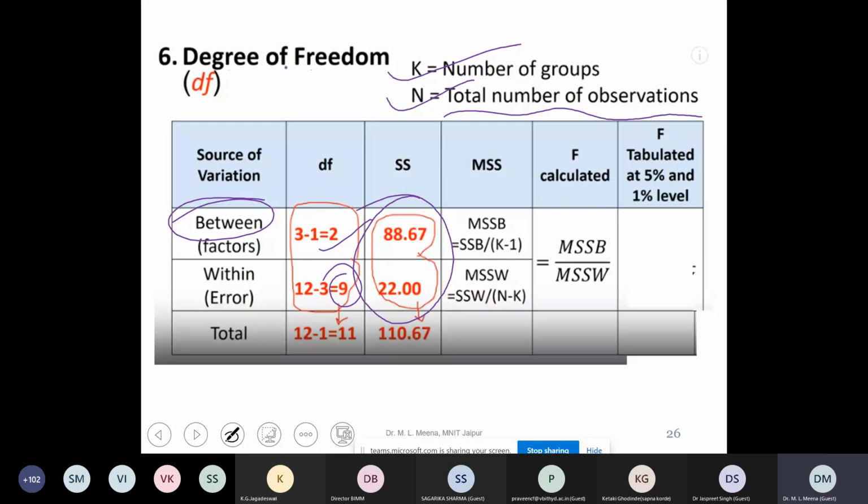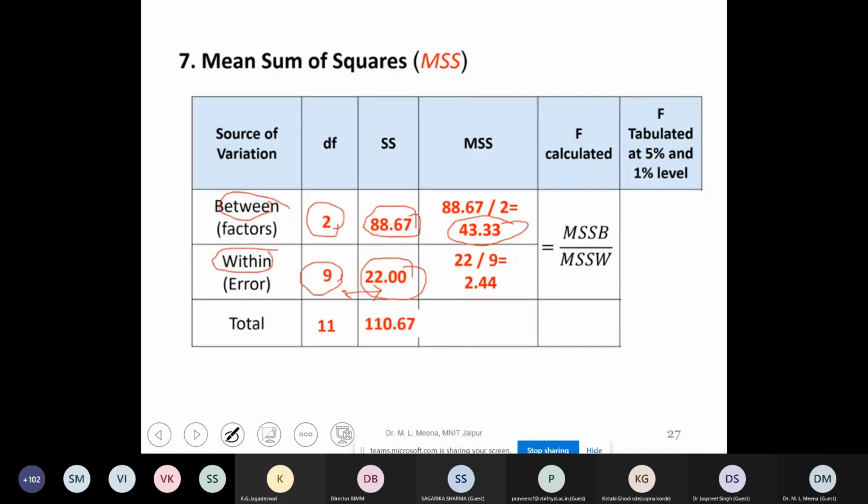Now dividing, we get these values: the mean sum of squares is 43.33 between groups and 2.44 within groups.